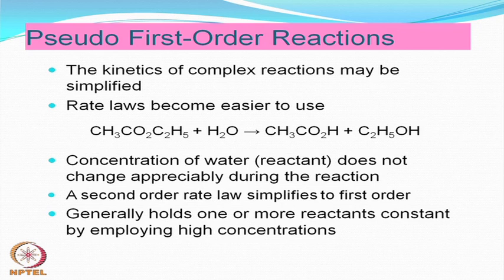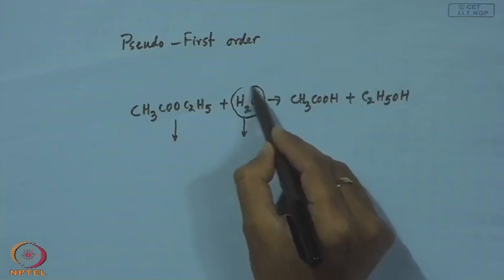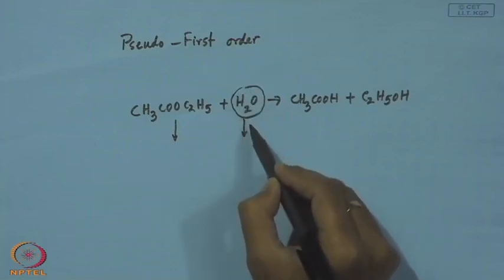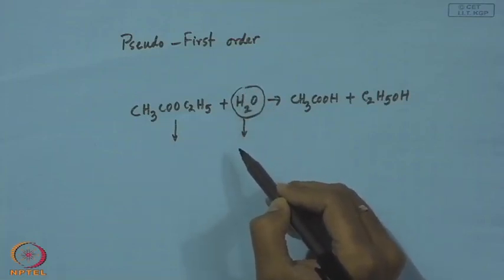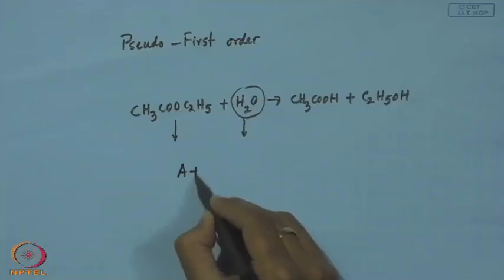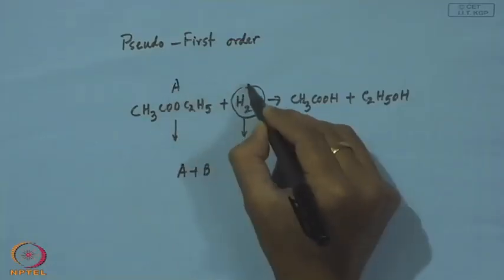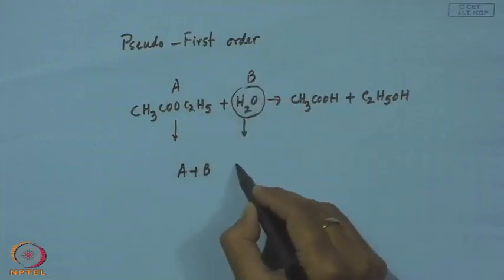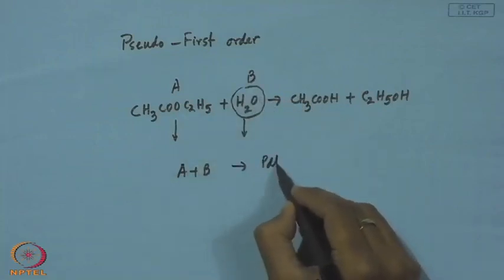This generally holds one or more reactants constant by employing high concentration. Throughout the reaction we may think that this is virtually constant. So, a pseudo first order reaction starts from a general second order reaction, that is A plus B, say this is A and this is B, producing products.